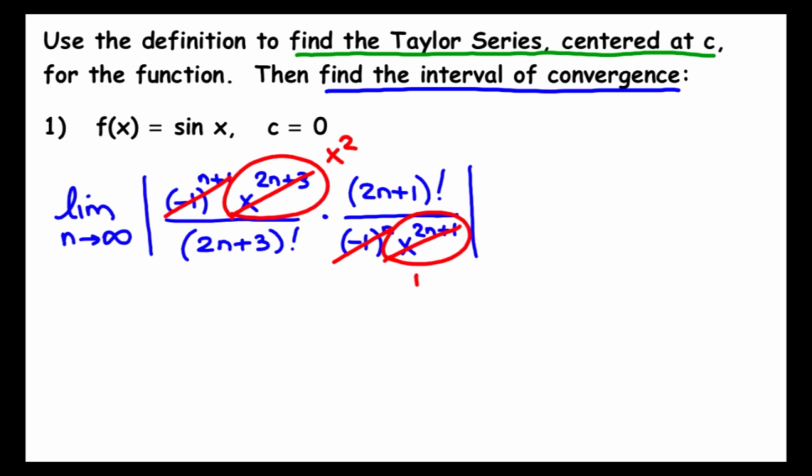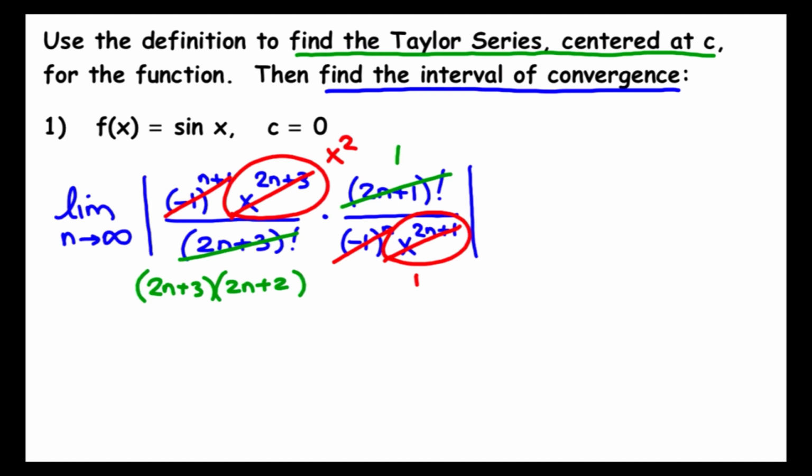Similarly, you have your other parts, being the factorials. 2n plus 3 factorial is 2n plus 3 times 2n plus 2 times 2n plus 1, but then it starts to cancel with this factorial. The rest of them are gone. And so you're just left with x squared over quantity 2n plus 3 times quantity 2n plus 2.